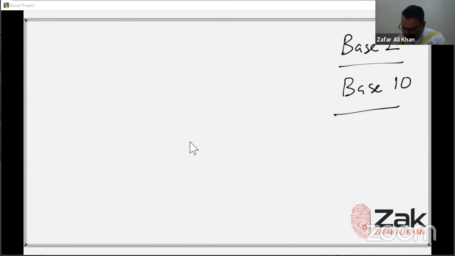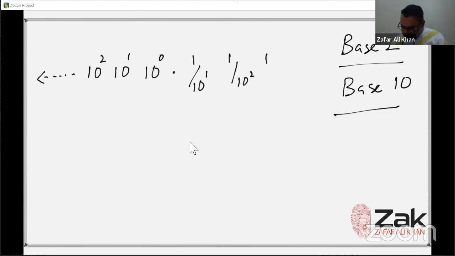So what basically happens is that the point lies in the middle, and then we have 10 to power 0, 10 to power 1, 10 to power 2, and we go further towards this side. Over here, it is 1 over 10 to power 1, 1 over 10 to power 2, 1 over 10 to power 3, and this goes further on this side.